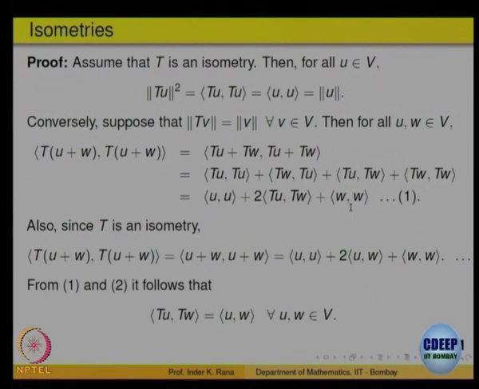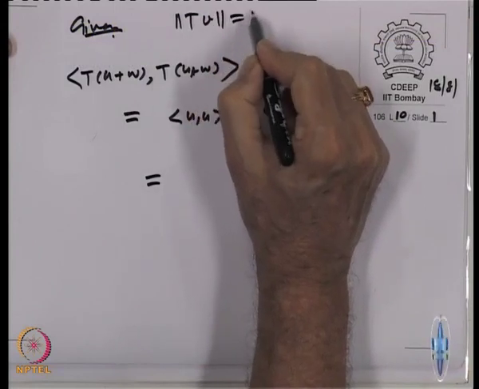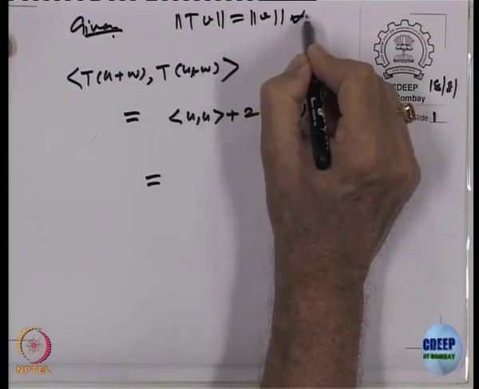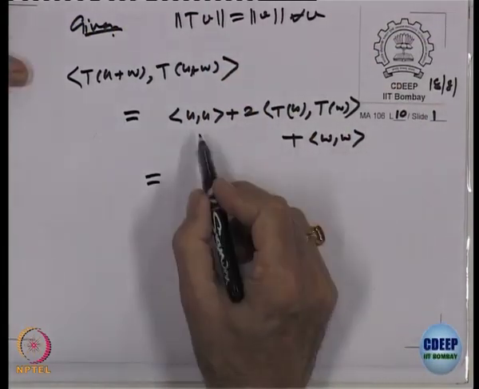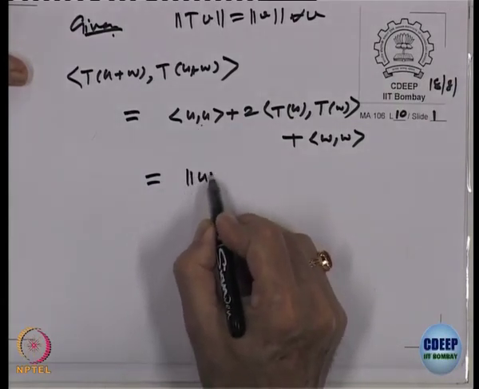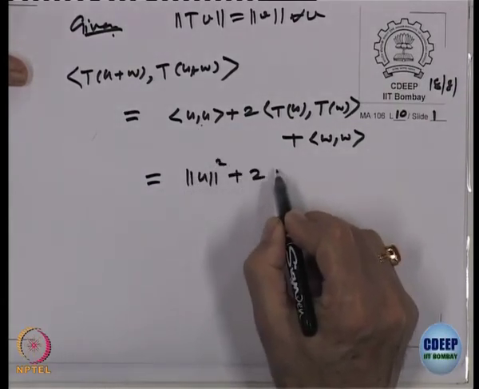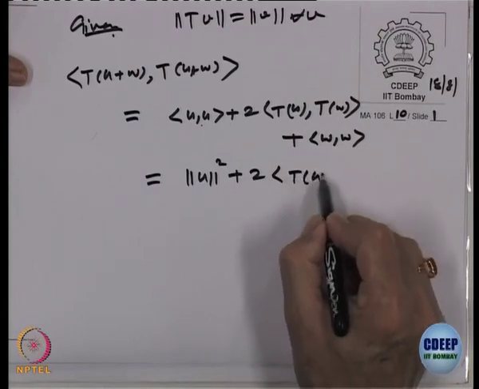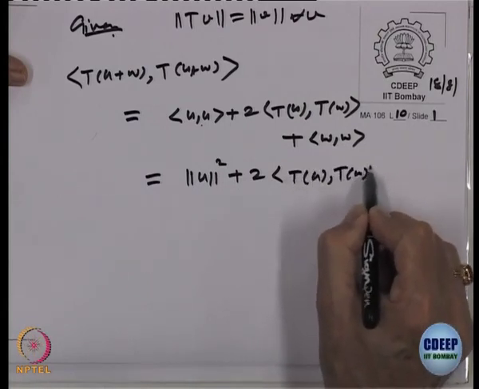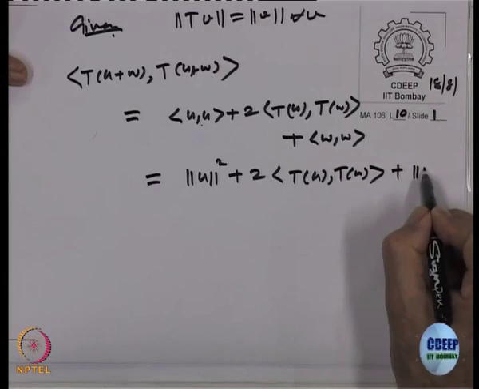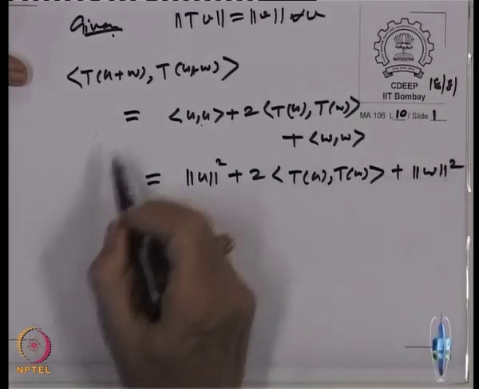What we are given is that the norm of Tv is equal to the norm of v for every v. So, this is the norm of u squared plus 2 times the inner product of Tu and Tw plus the norm of w squared. And what is this?